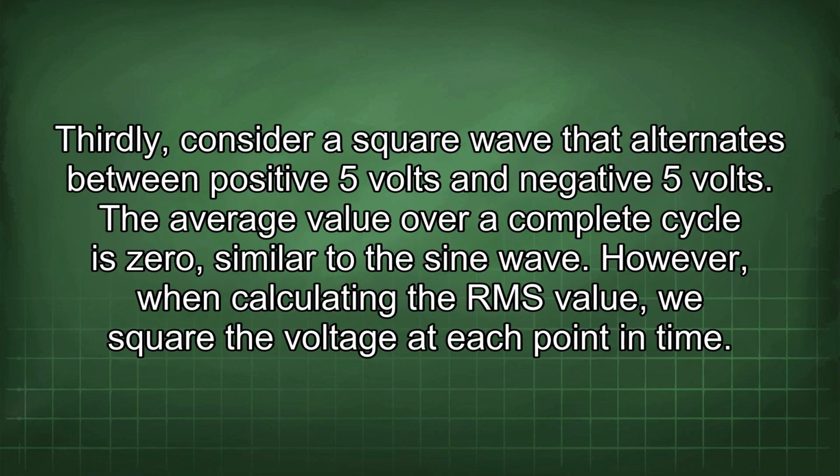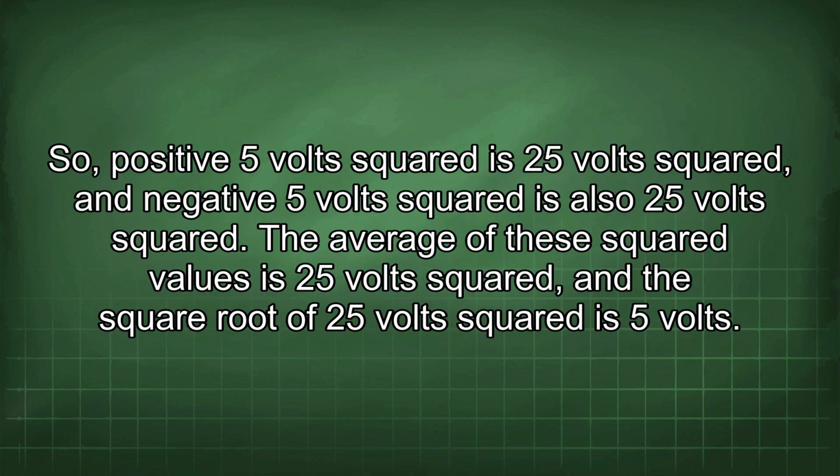Thirdly, consider a square wave that alternates between positive 5 volts and negative 5 volts. The average value over a complete cycle is 0, similar to the sine wave. However, when calculating the RMS value, we square the voltage at each point in time. So, positive 5 volts squared is 25 volts squared, and negative 5 volts squared is also 25 volts squared.